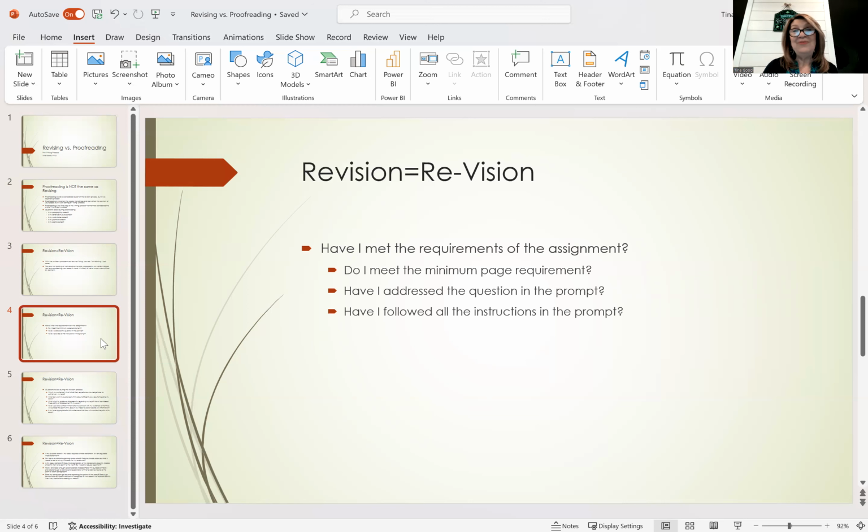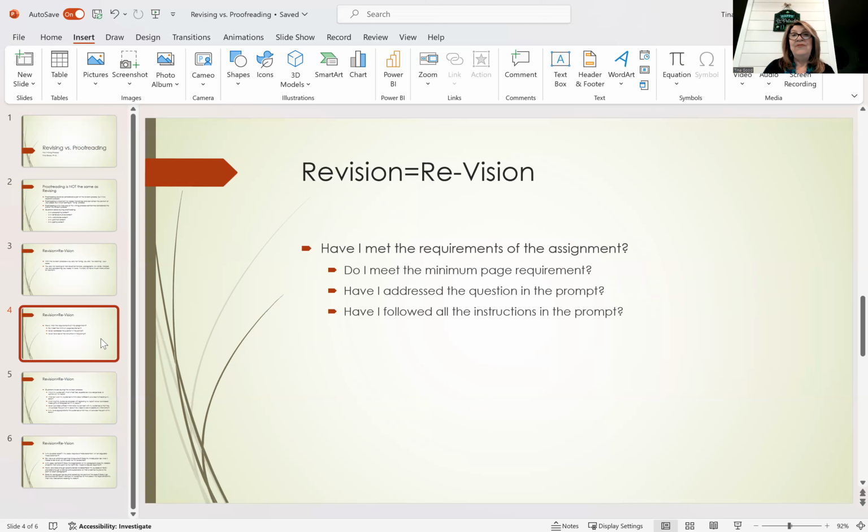So go back and read that assignment and make sure that you understand what the assignment is asking for one more time, because of course you did this when you first started writing, but go back one more time and read it and make sure that you've accomplished what the writing assignment is asking you to do.